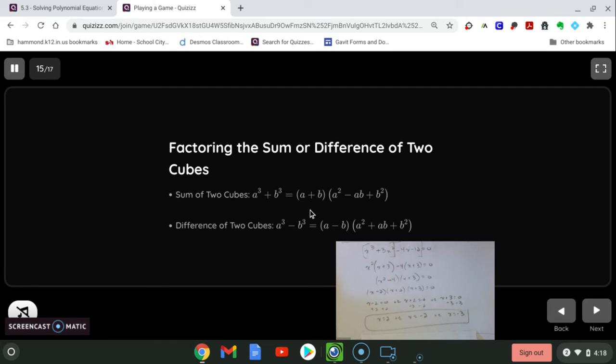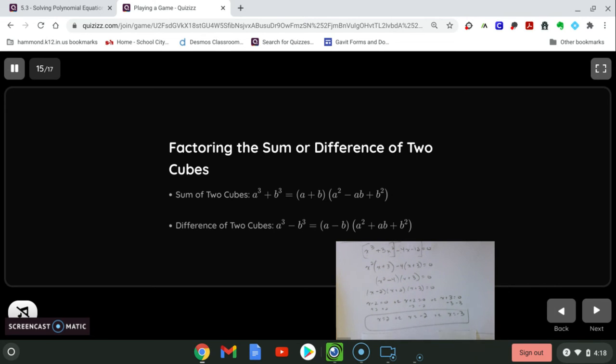So if you're looking at these, here in the binomial that's degree 1, you have the same sign. Here, you have the opposite sign. So the sum of cubes, I want a squared minus ab. Difference of cubes, I want a squared plus ab. And then the last one is always positive.